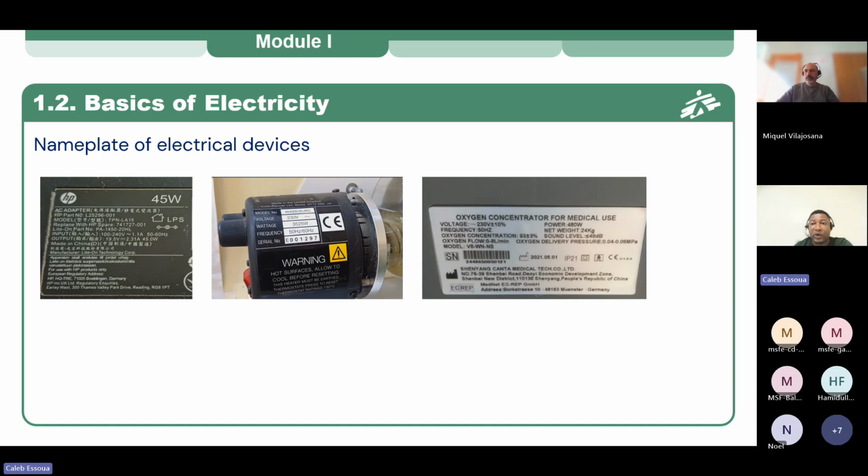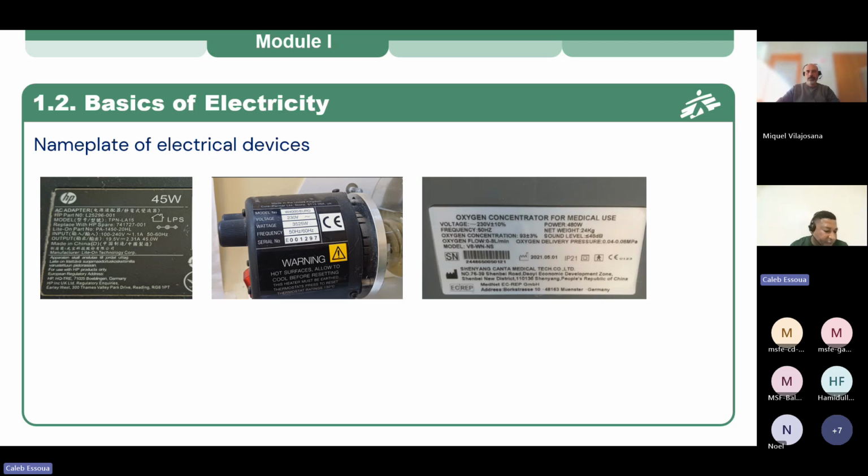If you take your laptop, you can see they put the input voltage. Input from 100 to 240, and you have 1.1 amps, 50 to 60 hertz. So this is the power that you have to calculate and then use in your generator sizing, not the 45.